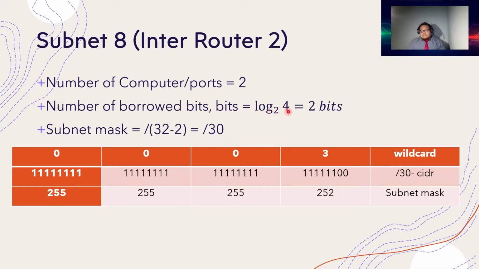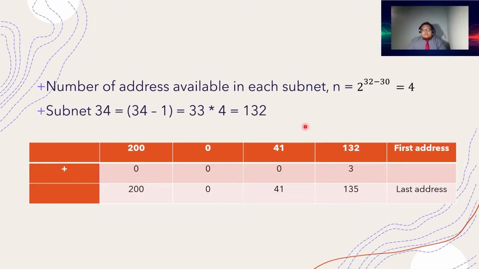We are using the 4, which is equal to 2 bits, and the subnet mask is the same as inter-router 1, and the wildcard, CIDR and subnet mask are also the same, which are the wildcard 0.0.0.3, and the CIDR is mask 30, and the subnet mask is 255.255.255.252. Next, the number of addresses available in each subnet is 4, and the number of addresses that we can use is only 2, because we minus the network address and the broadcast address.